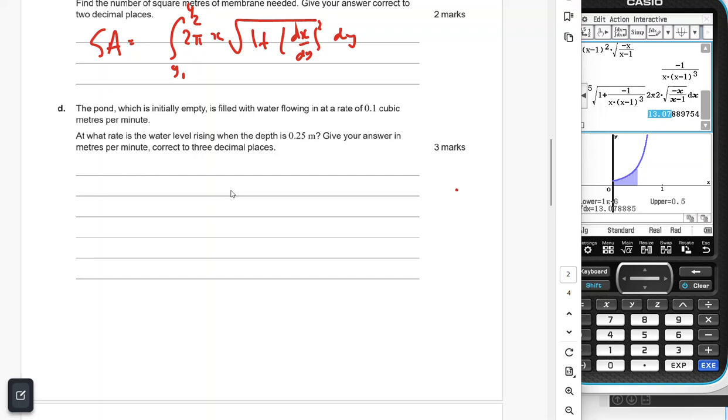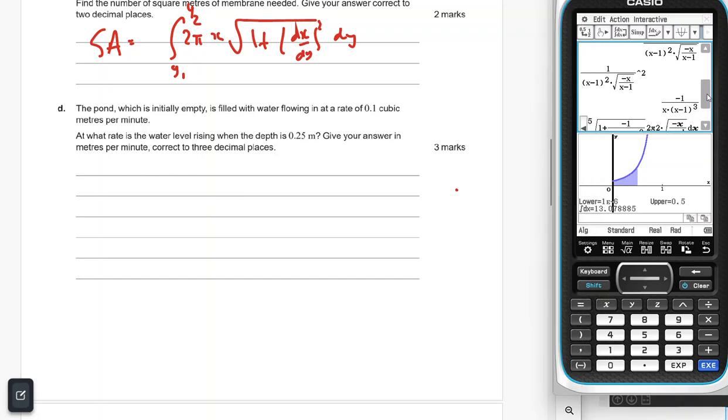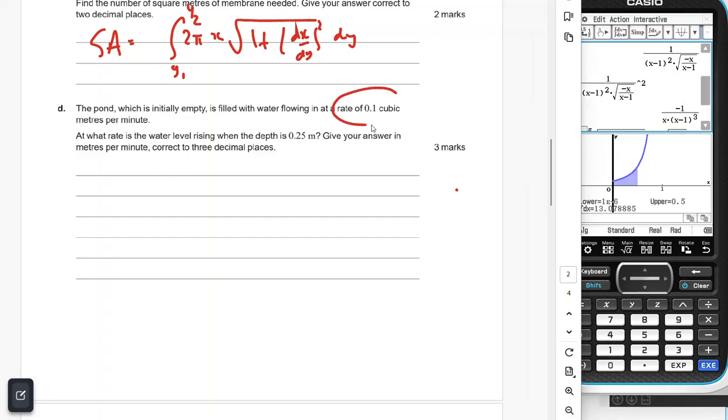So now I've got, this is my dV/dt, and they're asking me for dh/dt. So dh/dt, where y equals h.